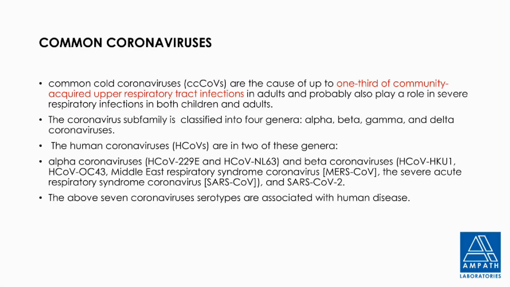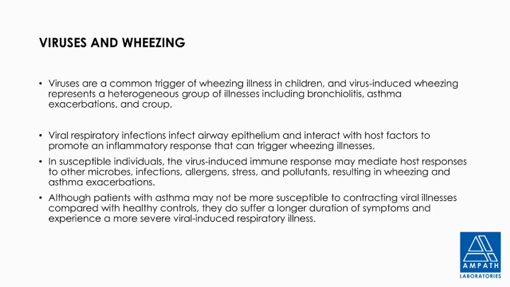And we tend to send this out in our reports as part of the assays that are tested. Also, your MERS-CoV falls under the beta coronaviruses, and your SARS-CoV and SARS-CoV-2 are also in that beta coronavirus group. These 7 coronaviruses are associated with human disease.